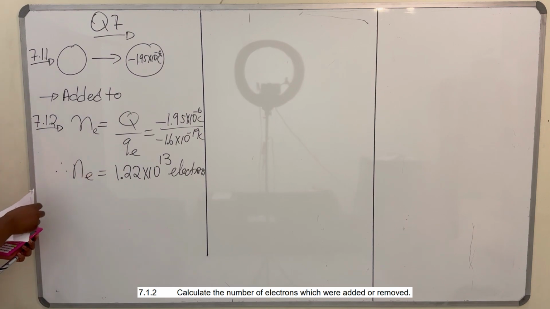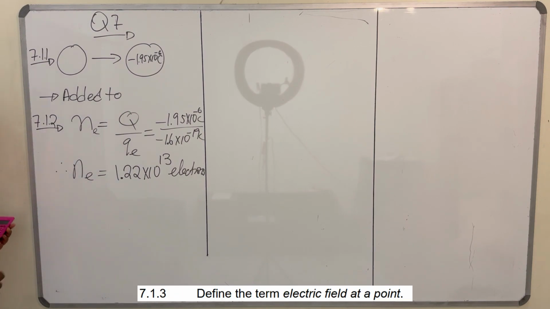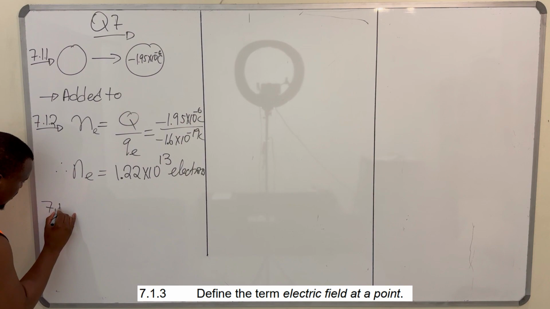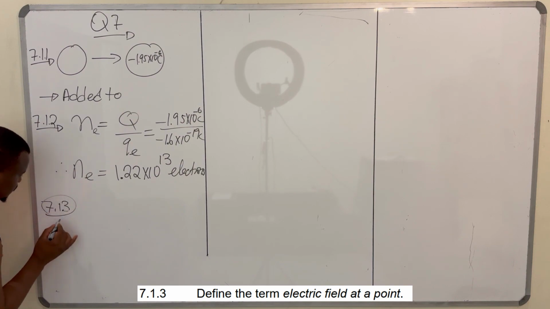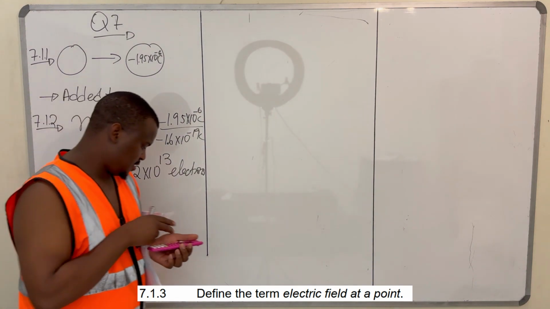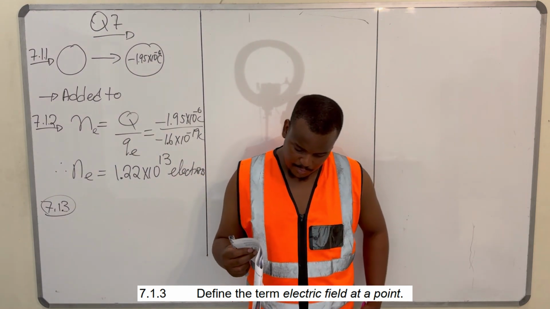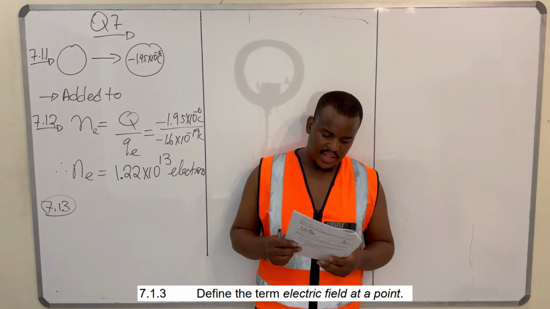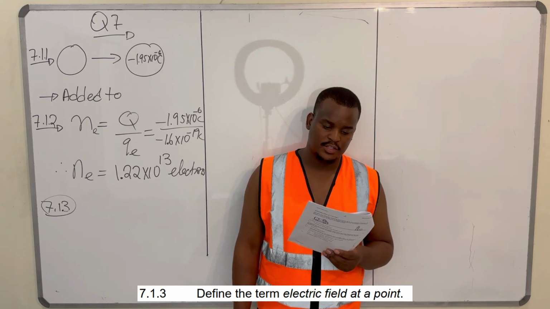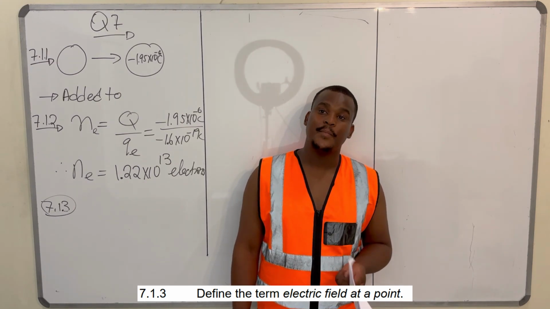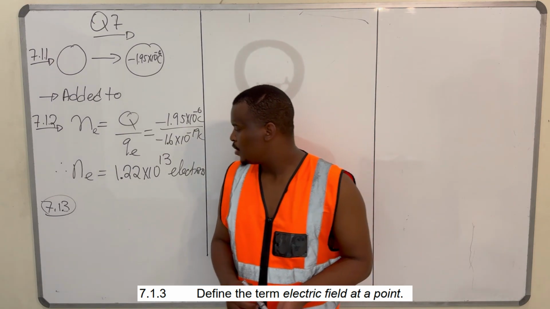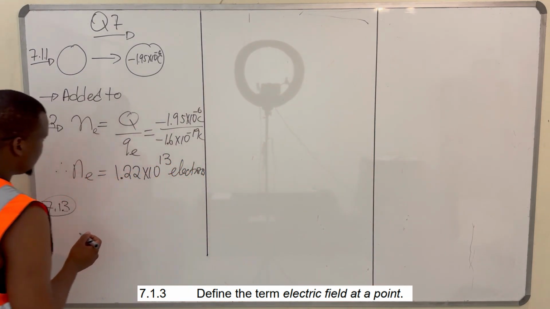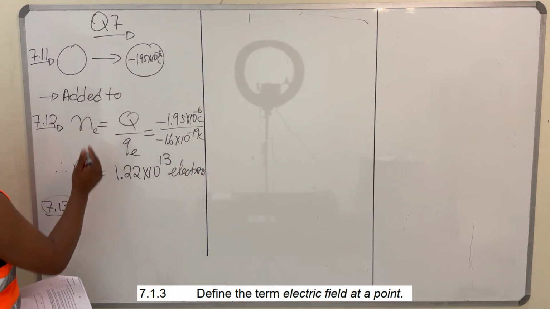Now, moving to the next one, which is 7.1.3. What are they saying in 7.1.3? They are saying, define the term electric field at a point. So they want you to define the term electric field at a point. If you have a charged object, let's take that charged sphere.